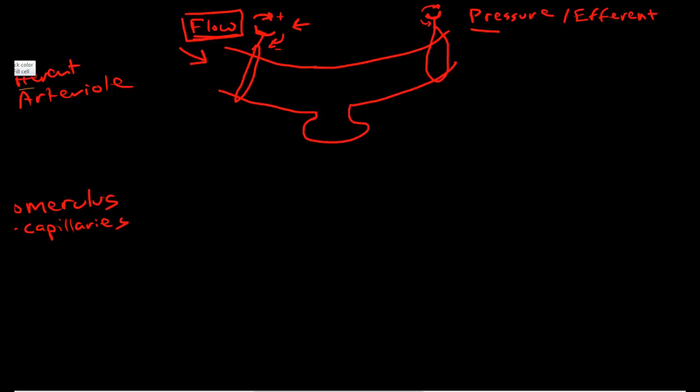Now, the glomerulus is filled with little pores. And we have another little pipe leading away here, and this is of course Bowman's capsule, which leads to the renal tubule.